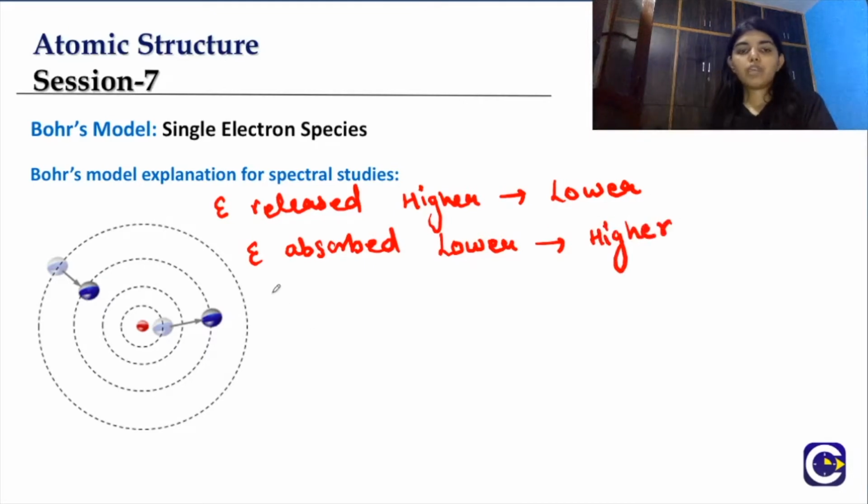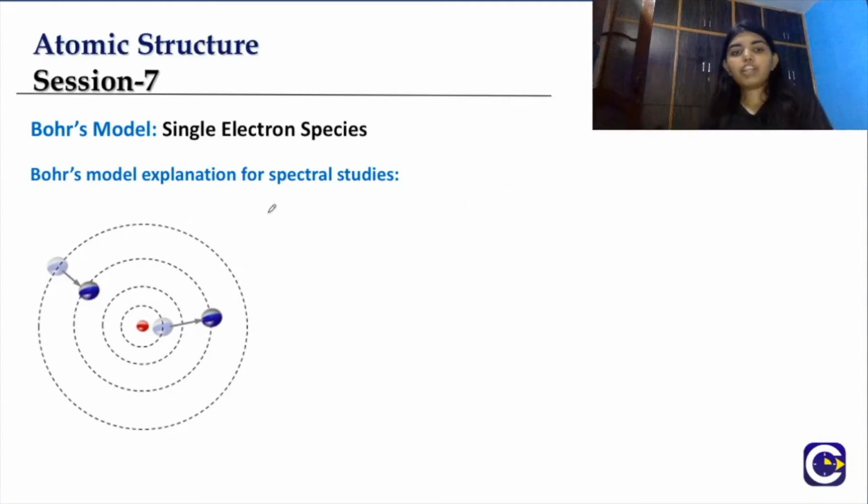So now the energy of the electron can be written as minus 13.6 Z square by N square. This was the formula given by Bohr.